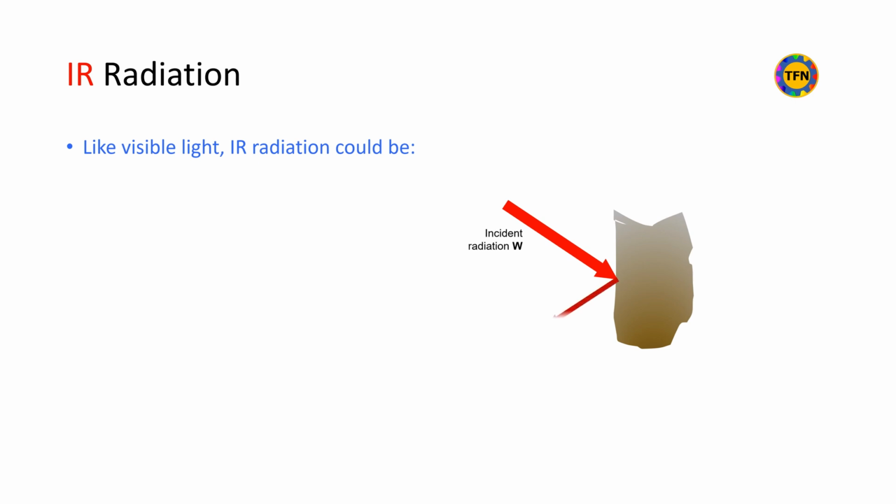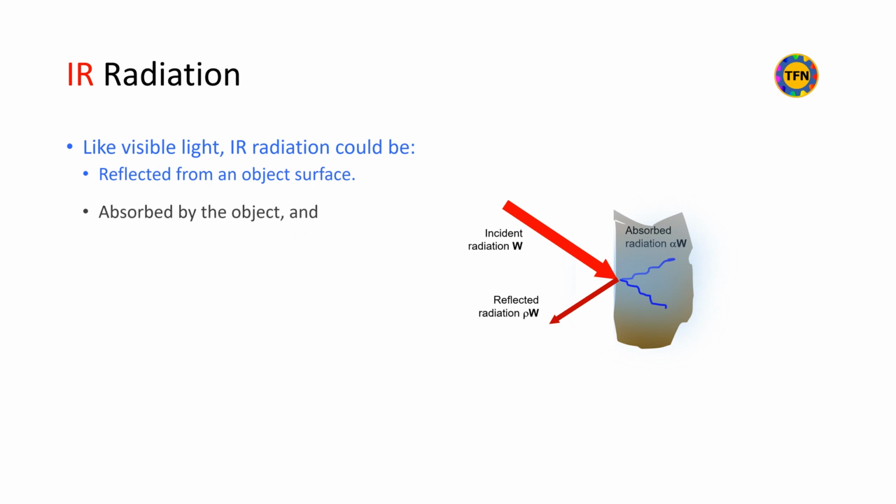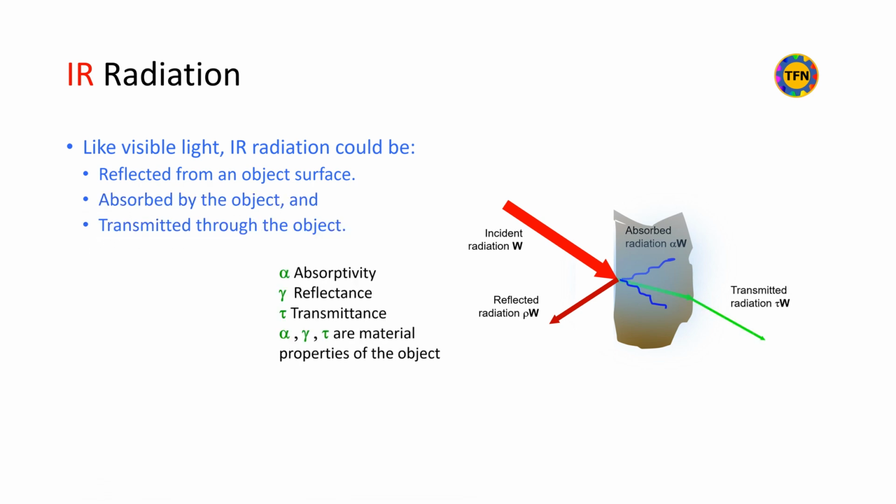Infrared radiation could be reflected, absorbed, or transmitted through objects like visual light. If an object partially reflects, absorbs, and transmits incident radiation, then incident radiation equals sum of reflected, absorbed, and transmitted components.